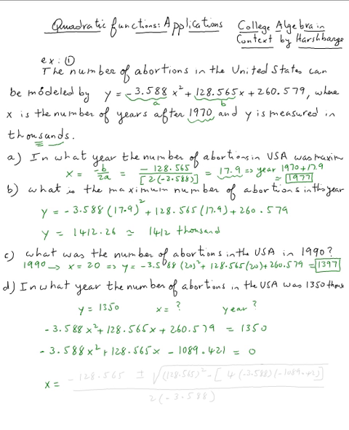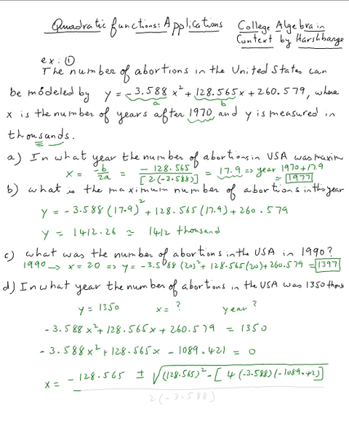The quadratic formula says x equals minus b, which is minus 128.565, plus or minus the square root of b squared, which is 128.565 squared, minus 4 times a times c. 4 times a is 4 times negative 3.588, and then c is negative 1089.42.